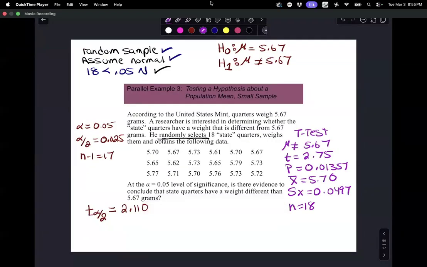Okay, let me go back to my iPad. So this is what I wrote. This is what I want you to write if you are using your calculator and not hand calculating it, not using the formulas. All of the stuff I have on the screen is things I would love to see in your work. Now, on the test, it's going to say to type your conclusion in the box.